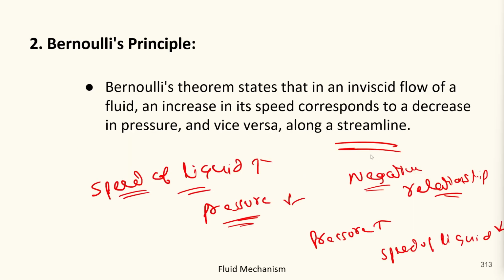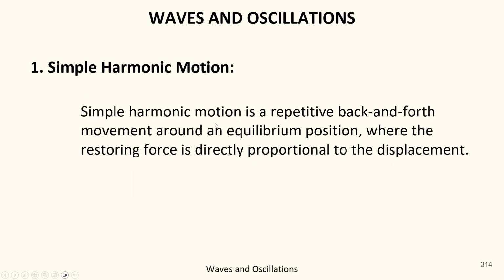Alright. Now let's move forward. So here we have waves and oscillations. Okay. So here the question is, what do you mean by wave and what do you mean by oscillation?